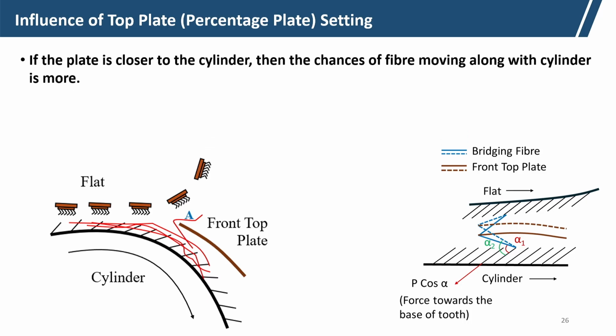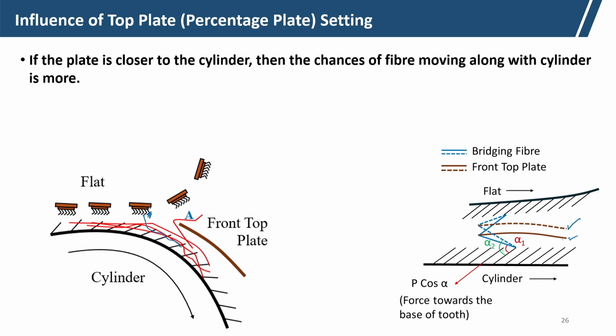If the plate is closer to the cylinder, this is the plate, the front plate. Two positions are there: this one is closer, and this one is a little bit away. What is a bridging fiber? The fibers which are in contact with both the flat and the cylinder are bridging fibers.